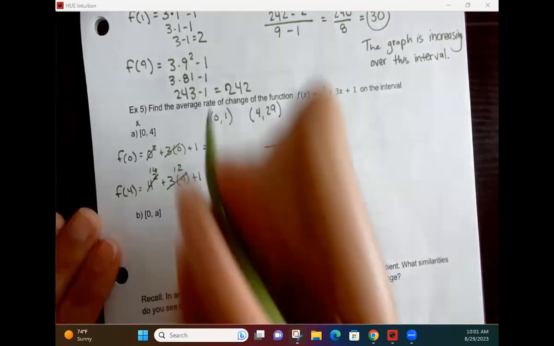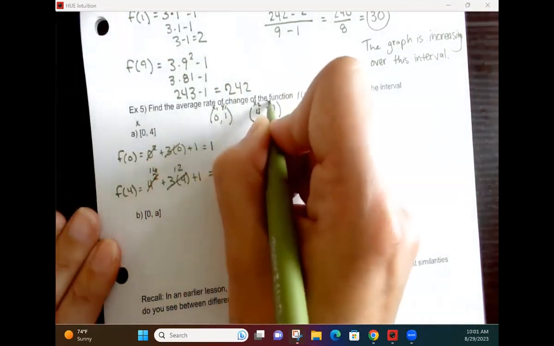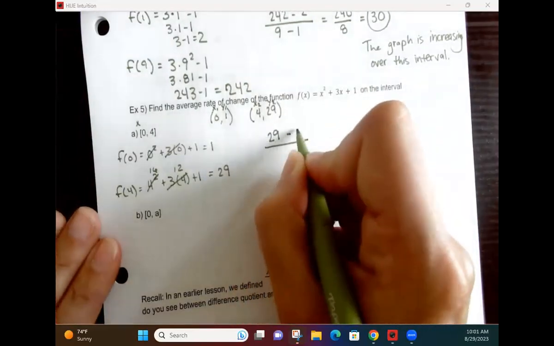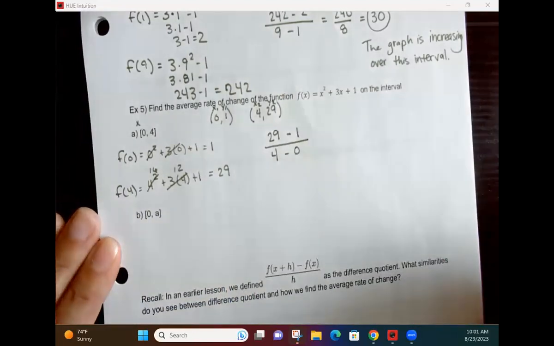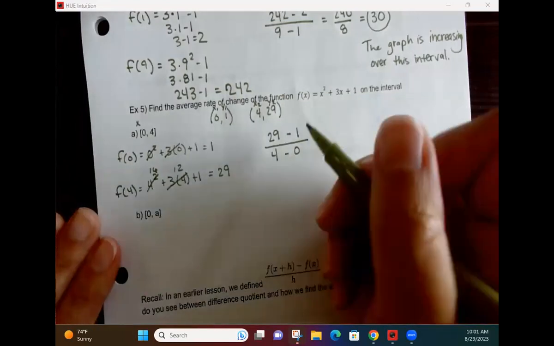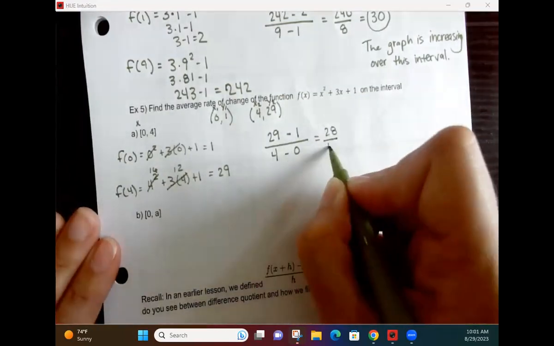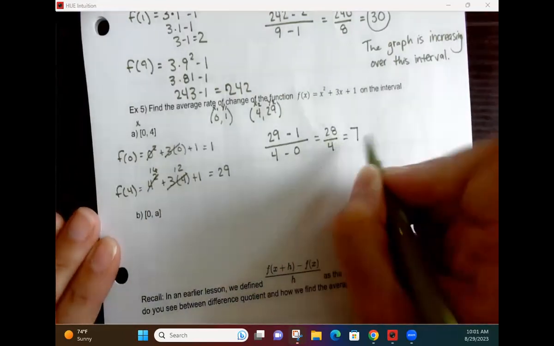So if you label x1, y1, x2, y2, it will be y2 minus y1 over x2 minus x1. On top, 28. On bottom, 4. 28 divided by 4 gives us 7.